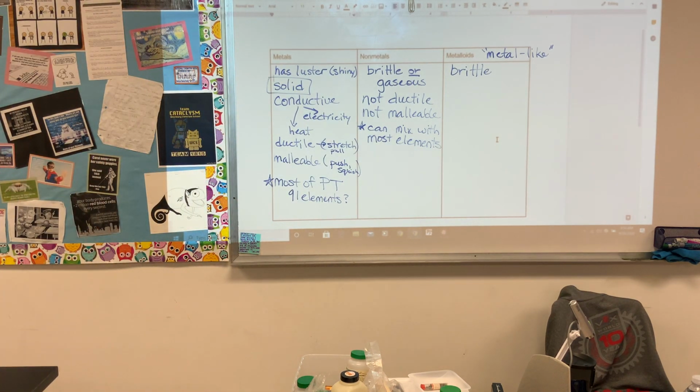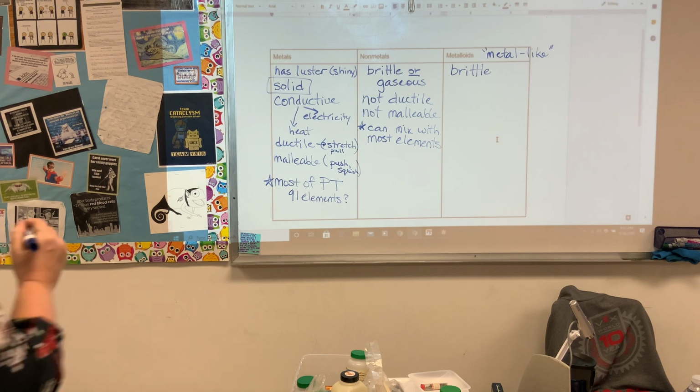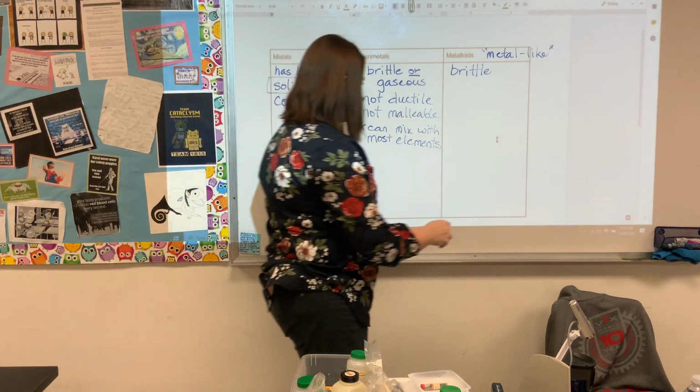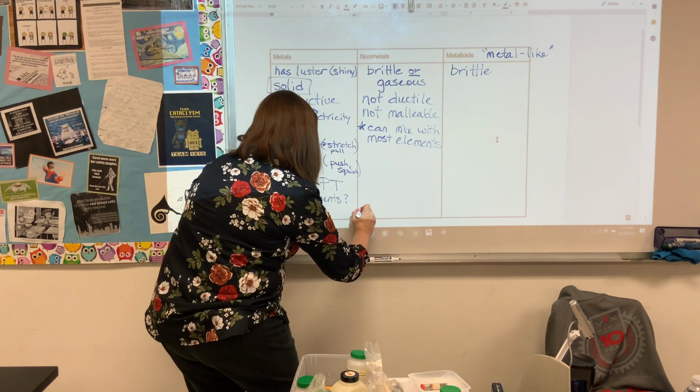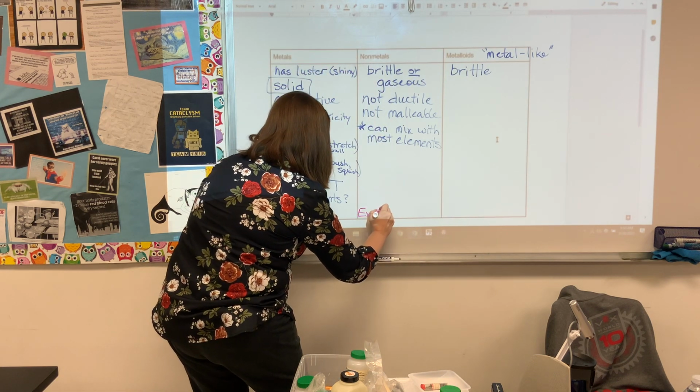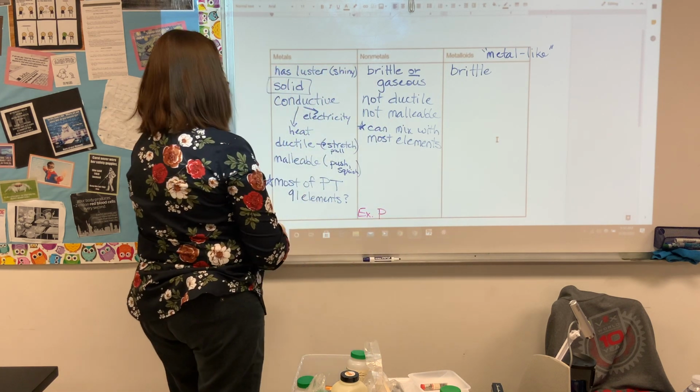Doesn't it contain phosphorus? Yeah, phosphorus is one of them, but that doesn't mean that all non-metals contain phosphorus. That's just one example. So we could maybe write some examples. Let's try that. So Sydney says phosphorus is an example of a non-metal.